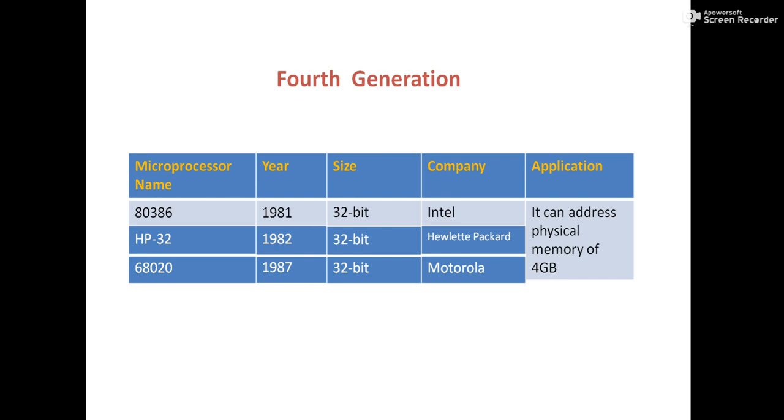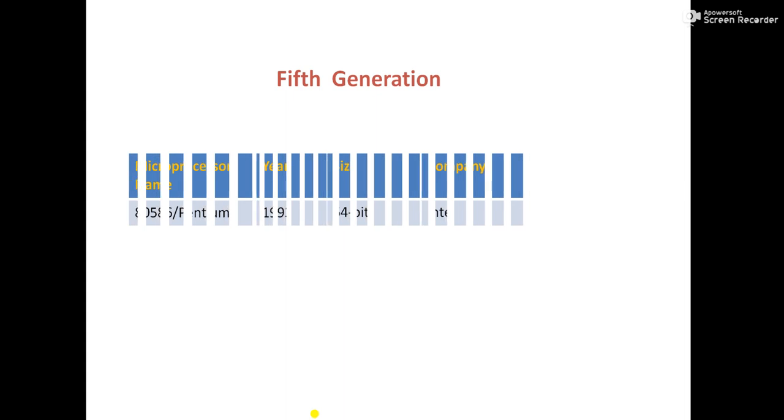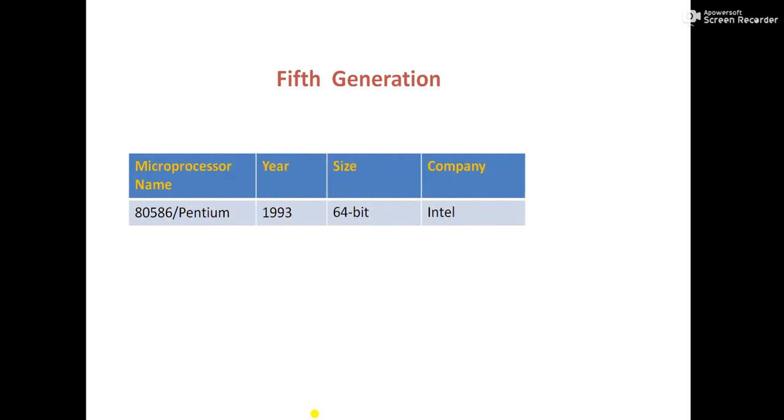Now we will learn next generation, that is the last generation, fifth generation. Intel made improvement in microprocessor design to provide greatest speed, and the microprocessors in this generation are called Pentium or 80586 microprocessor.